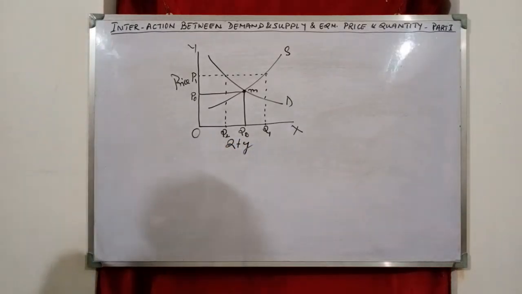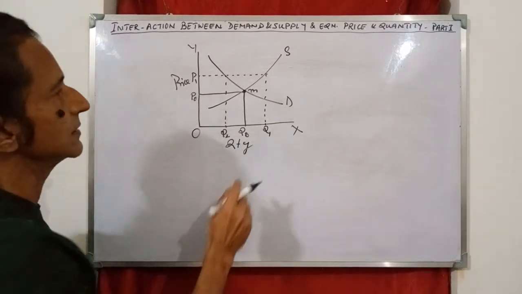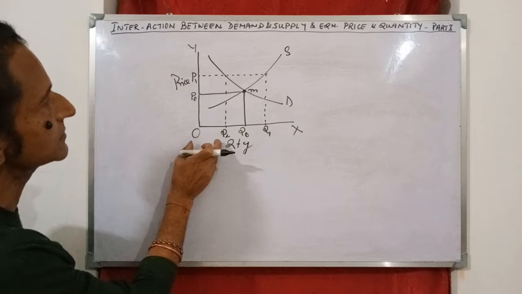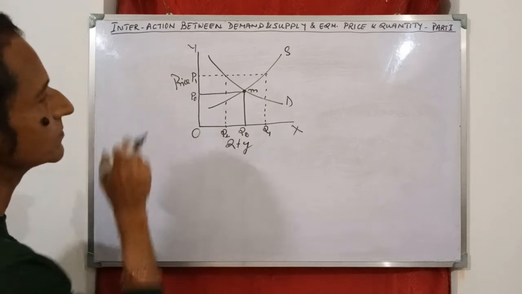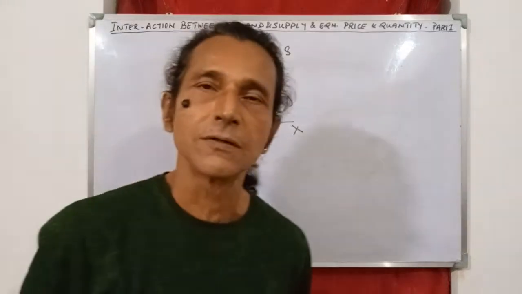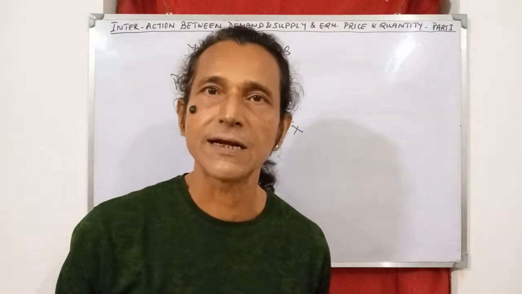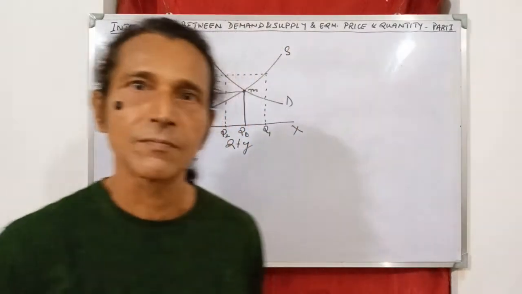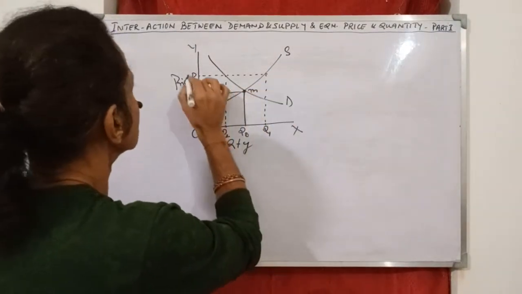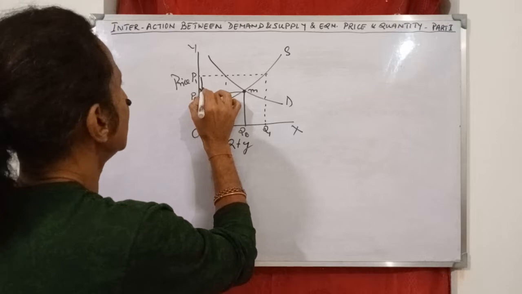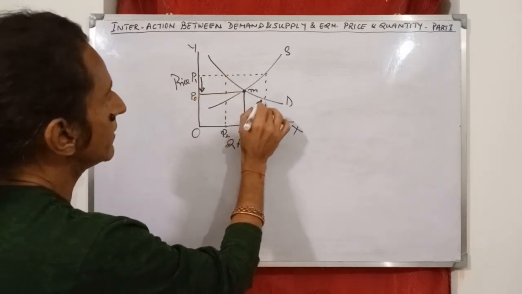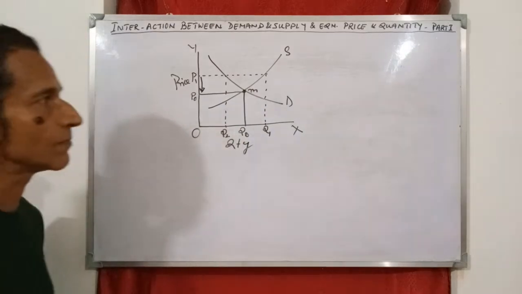So at P1 price, supply is OQ1 and demand is OQ2. This means there is excess supply, so there will be competition among the sellers to supply their commodities, and that competition will push the price down. Ultimately, price will fall to P sub O, where demand will be equal to supply.